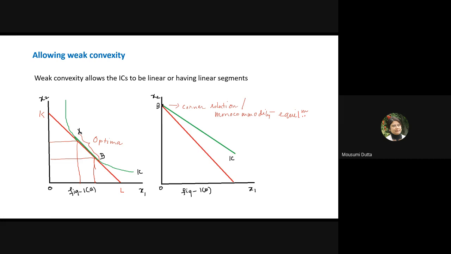So figure 1b illustrates the possibility that the IC has a different slope to the budget line.